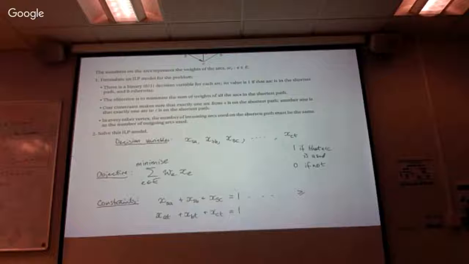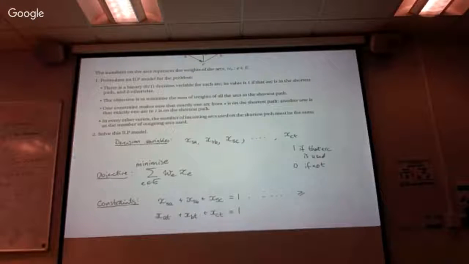And then for every vertex other than S and T, you will have the condition that the number of incoming arcs used is equal to the number of outgoing arcs used.